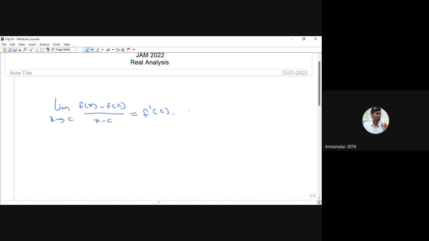Geometrically, suppose we have a function f like this, and we have a point x here, and we take some point c here. We are talking about differentiability at the point c. Suppose x approaches from this side. There are two ways to approach c, either from the left or the right. So if both limits exist and are the same, then we denote it by f dash of c. Okay.